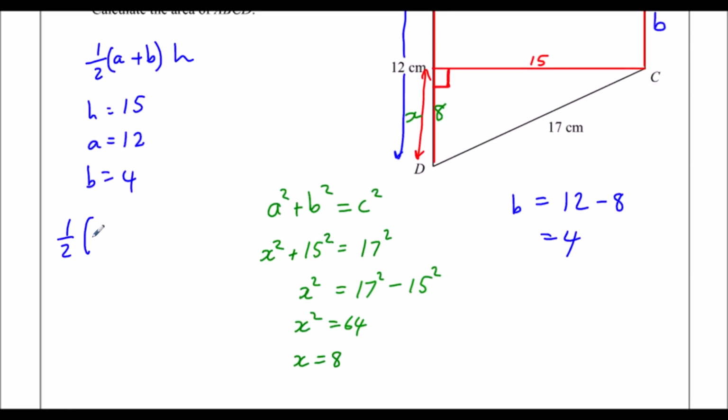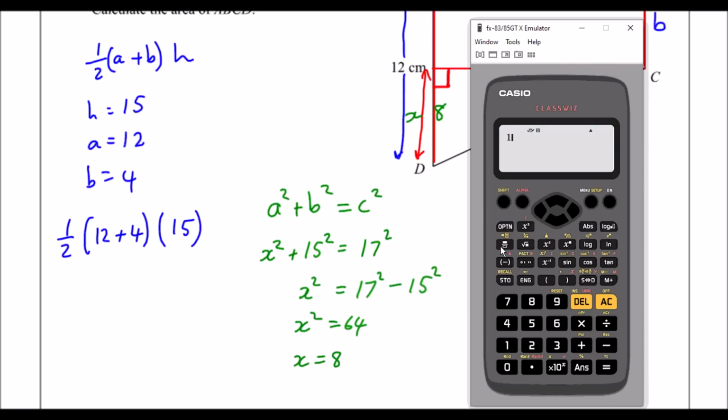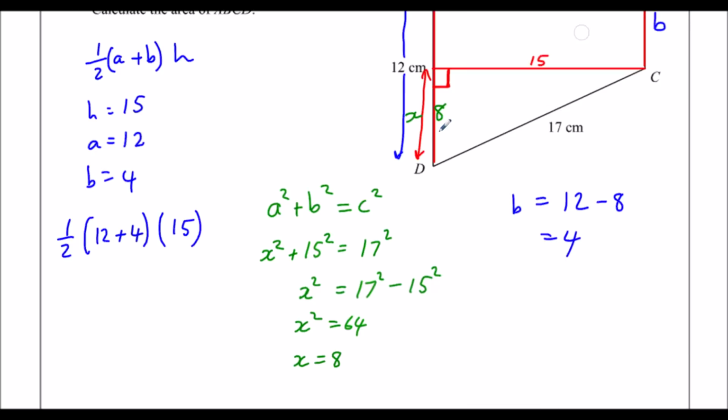So it's half times 12 plus 4 times the height, which is 15. So let's just type it in. Half of 12 plus 4 times 15, and that's 120. So 120 centimeters squared.